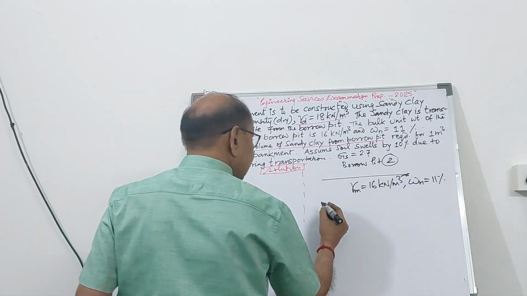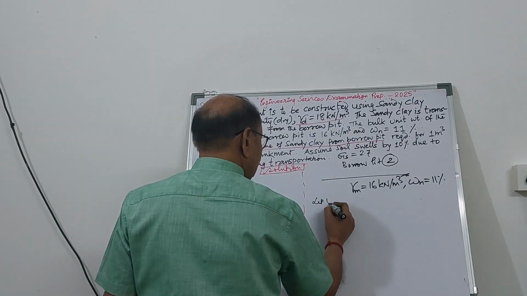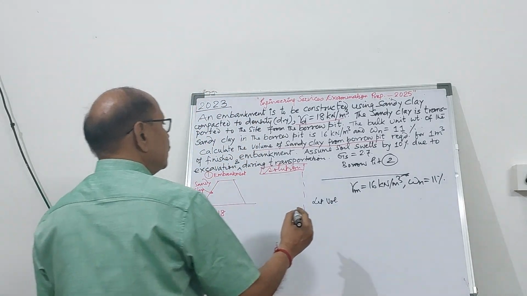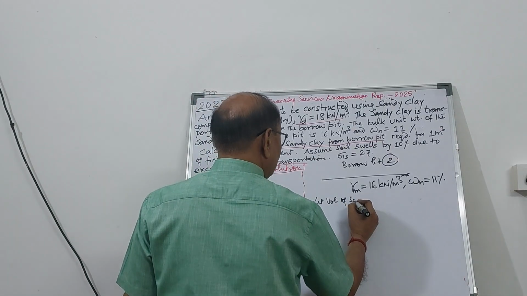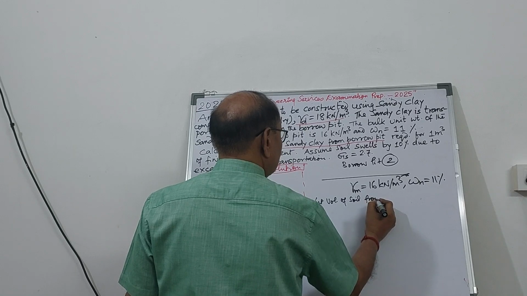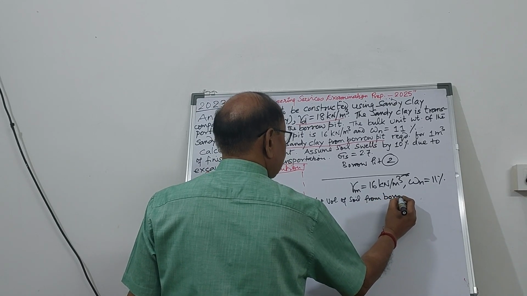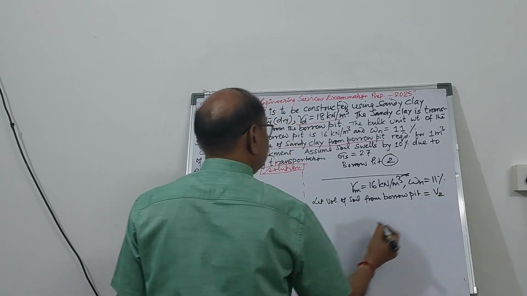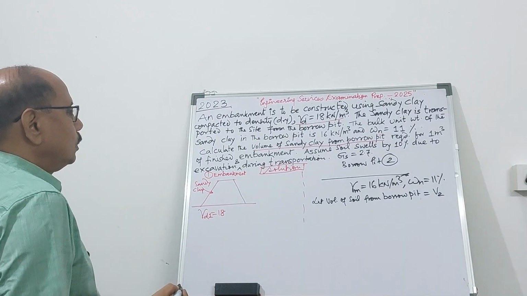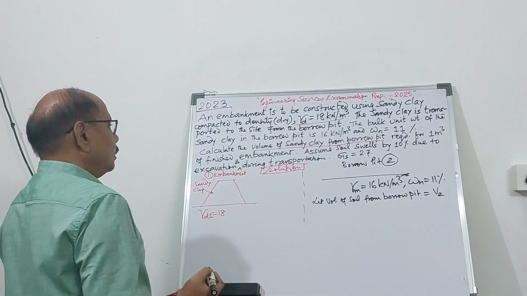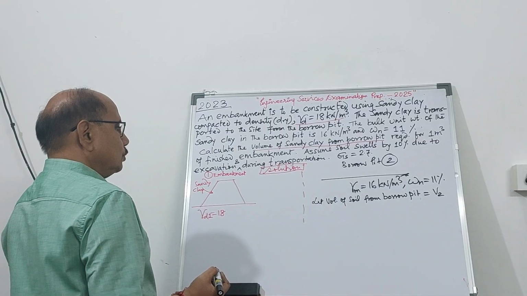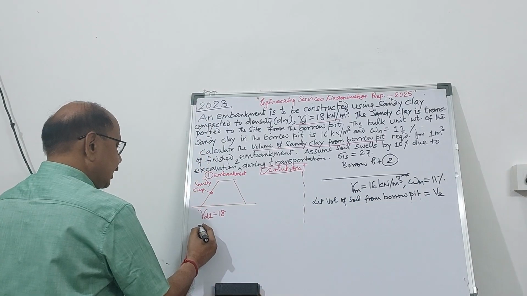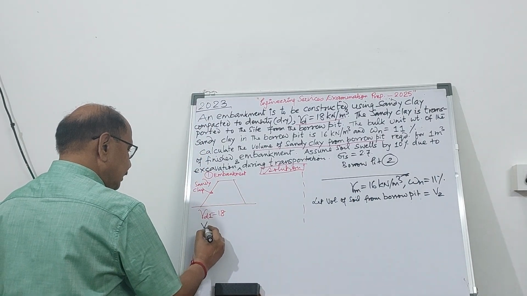So let the volume of sandy clay or volume of soil from borrow pit equal V2, and let's say the volume of the embankment is V1.